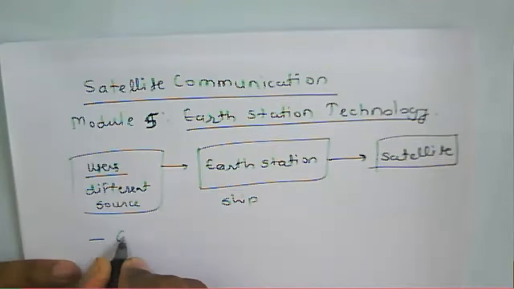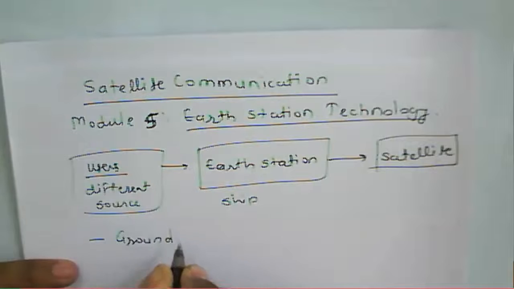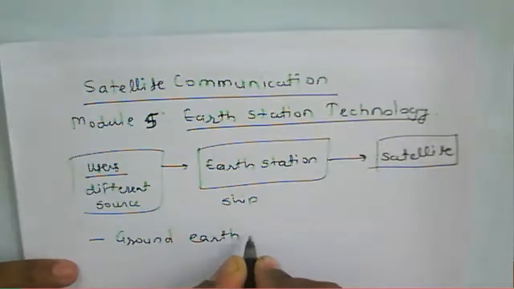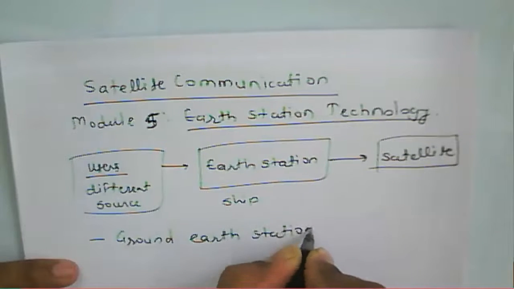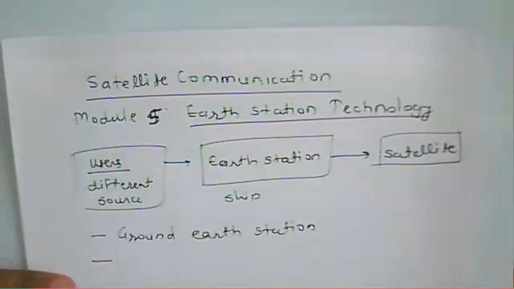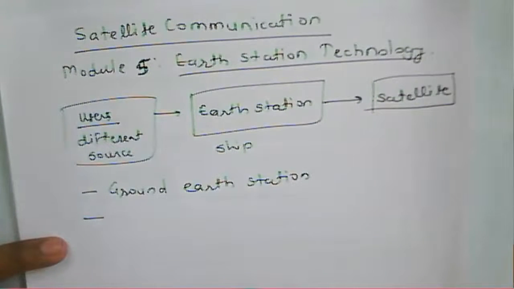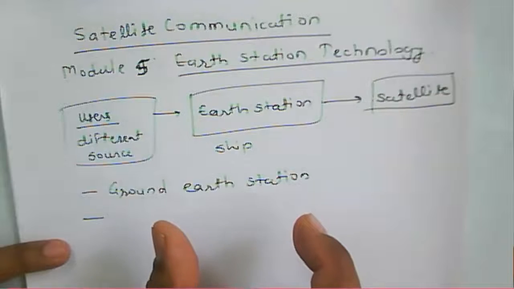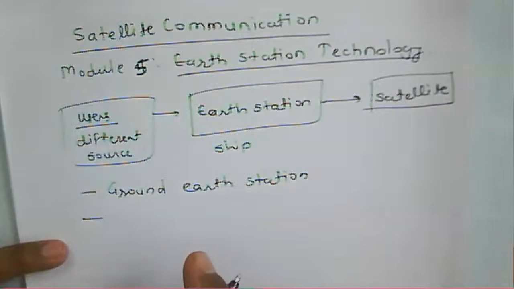Okay, because we can say that a ground Earth station, if it is on the land or on the ground, then that Earth station is called a ground Earth station.